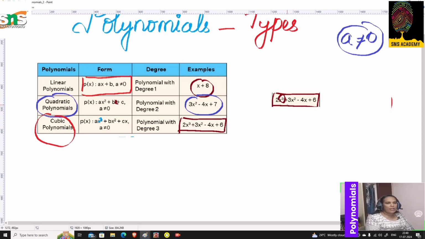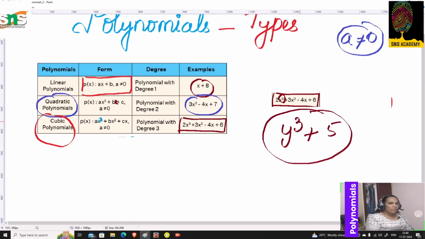Here also, apart from the highest power, the remaining terms may be there or may not be there. For example, y cube plus 5. Even though the number of terms is very small, the degree of this polynomial is 3. Therefore, we call this a cubic polynomial.